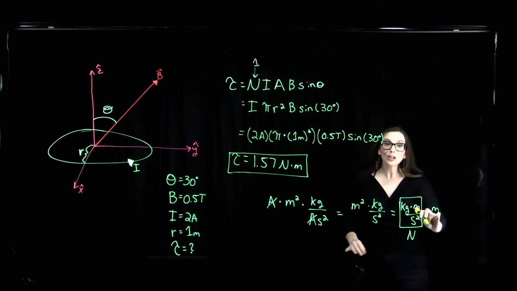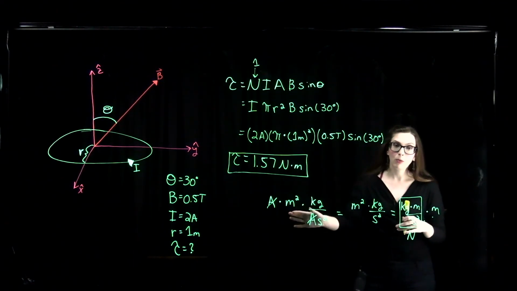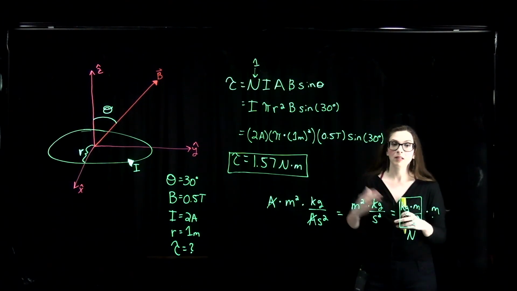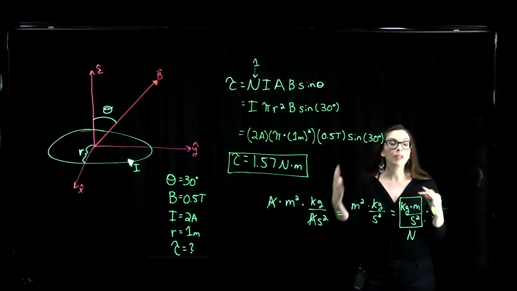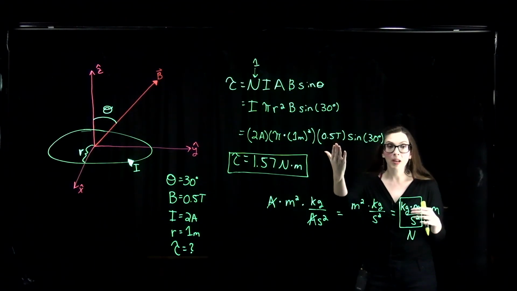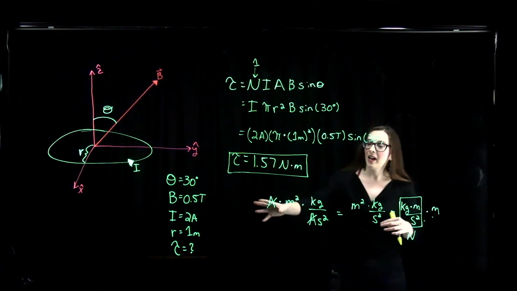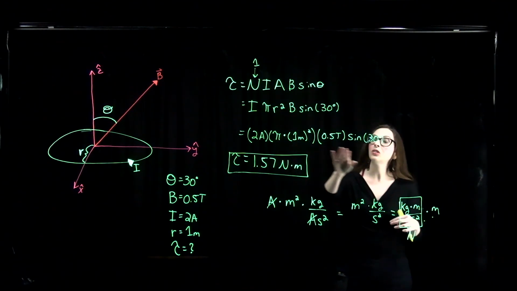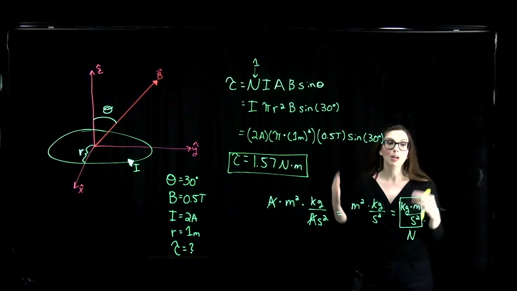If you're ever curious how those units come about, you can always perform the unit analysis like this. I don't always remember some of these equivalencies for the units. I had to look up on Wikipedia that a Tesla is equal to a kilogram over ampere seconds squared. But I got that there, and then I can show that these units do in fact give me the units of Newton times meter for the torque.